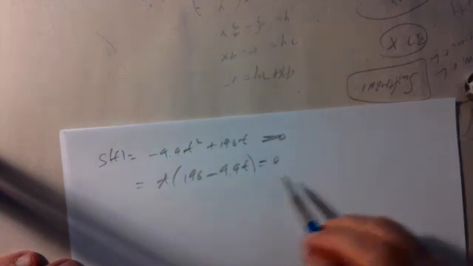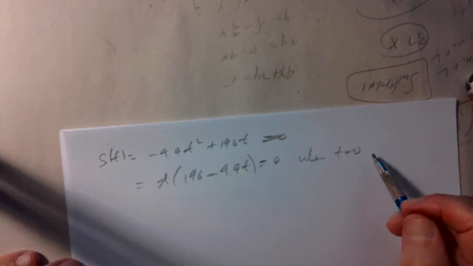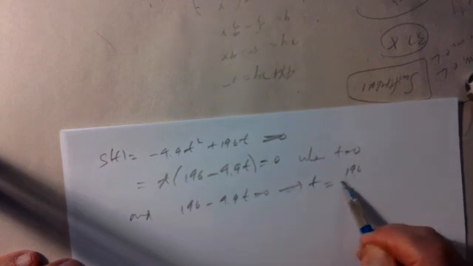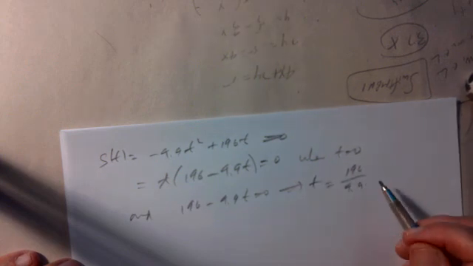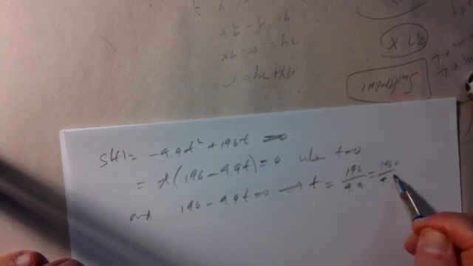That's equal to 0 when t equals 0, because that's when it's shot up in the air, and when 196 minus 4.9 t equals 0, which means t is 196 over 4.9, which is 1960 over 49. And that, I believe, is exactly 40.